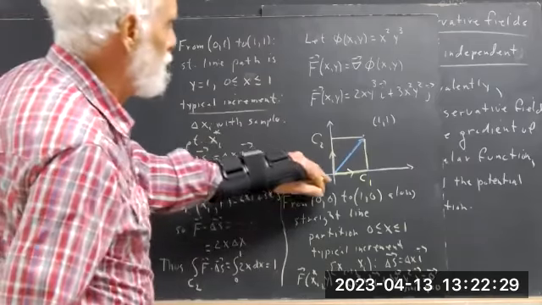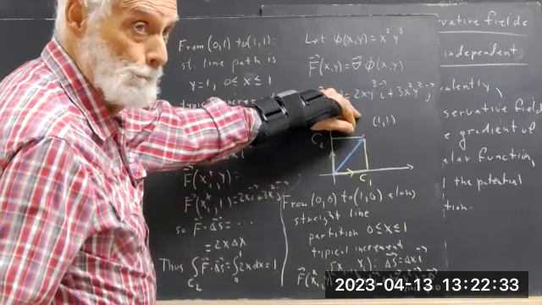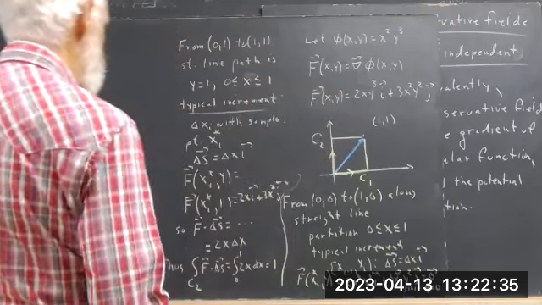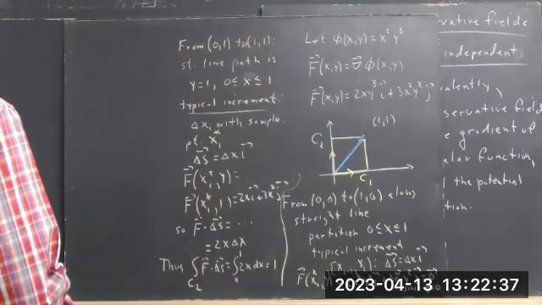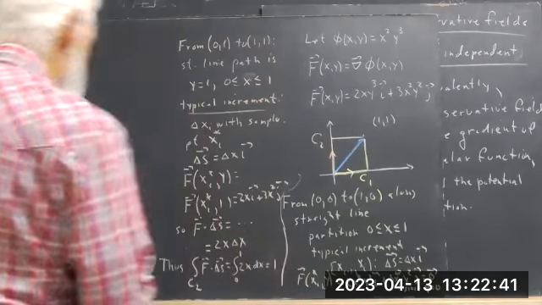But we observe that the integral from here to here has to be 0 because the function is 0. I should have said 0 plus. I don't have room to write it.